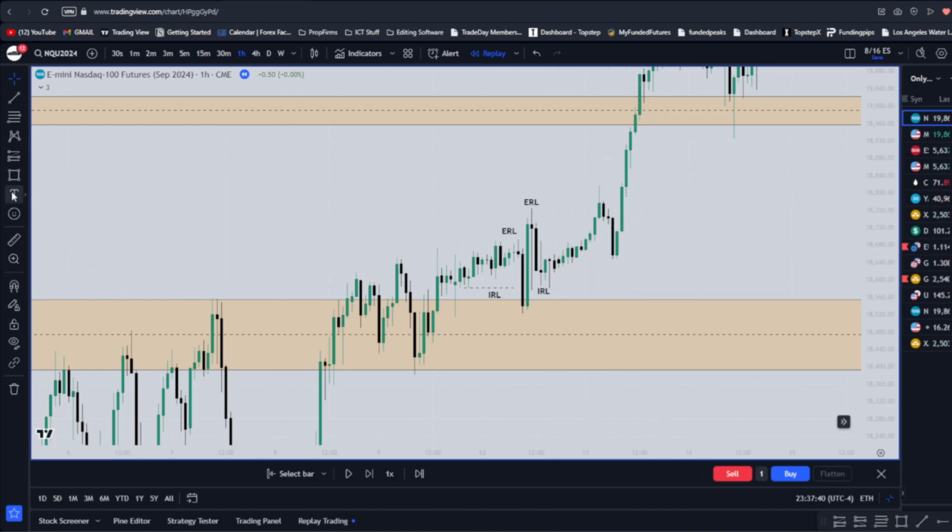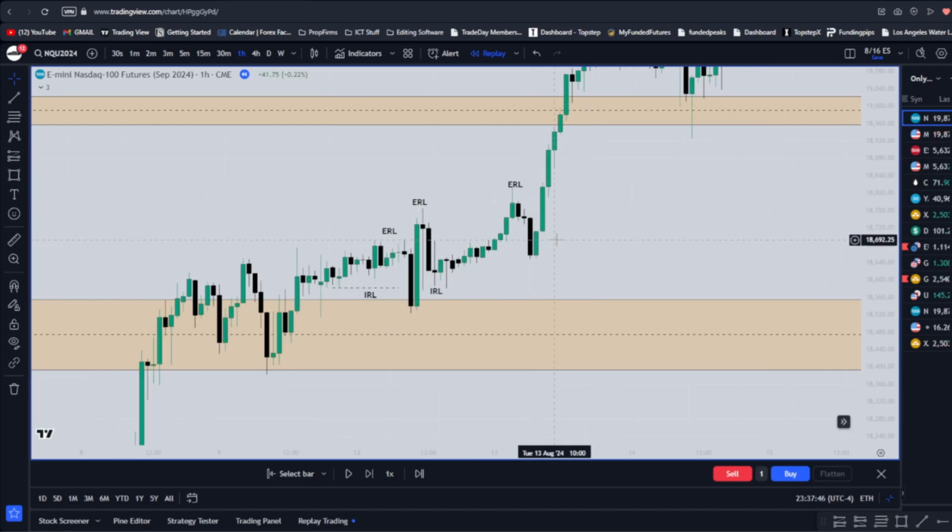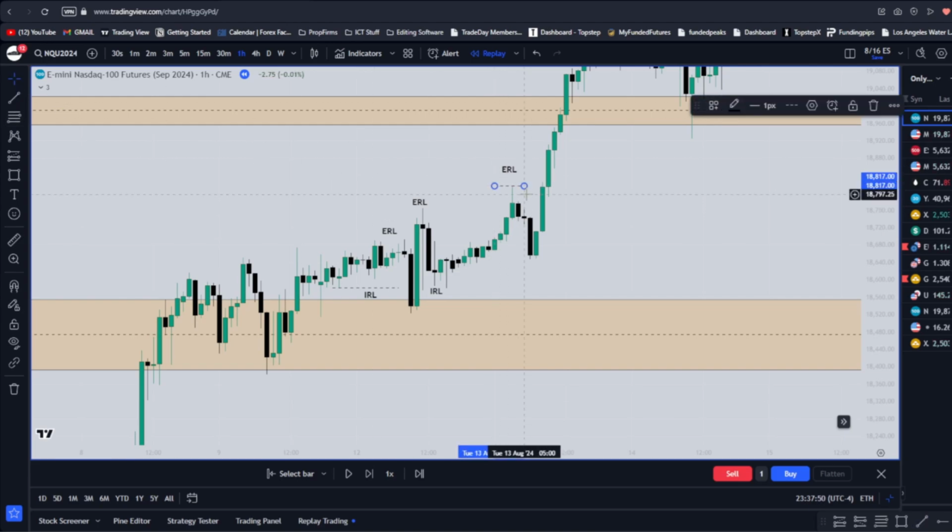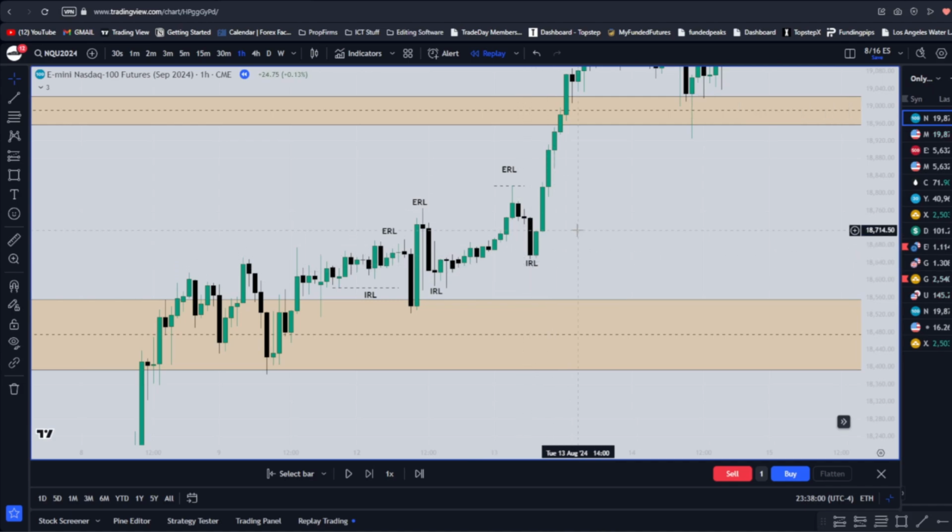And the reason why that's important is because if we're looking at Tuesday, we have this external range liquidity up here defined by this high. You could see that we come down and we take internal range liquidity. So if this is our internal range liquidity, this is our delivery.